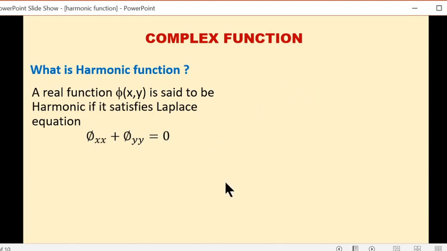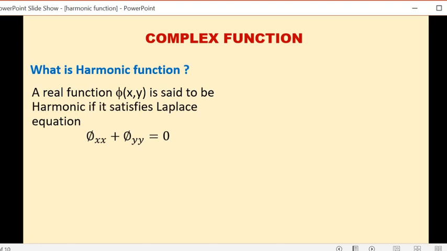So what is Laplace equation in the polar form? Does anyone remember? Phi rr plus phi r upon r plus phi theta theta equal to 0.